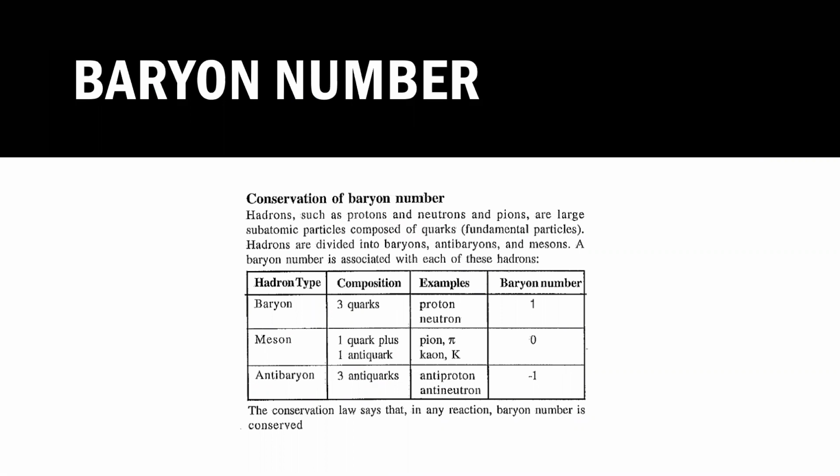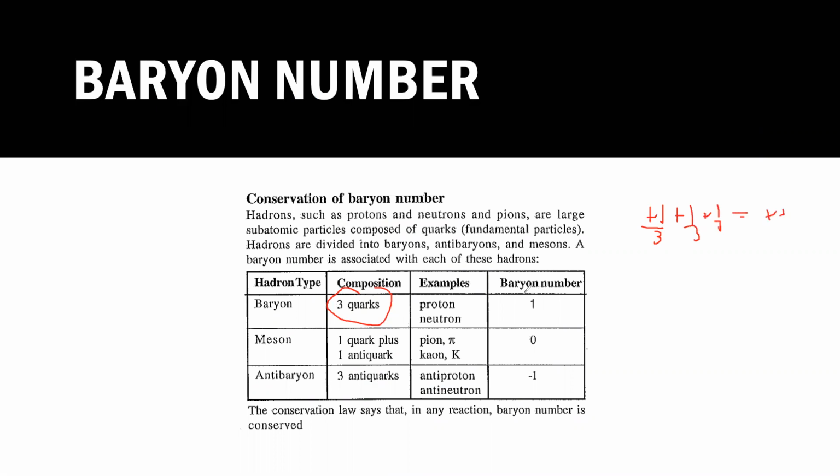We should always check the conservation of baryon number. As we know, a baryon consists of 3 quarks, each quark having a baryon number of 1 by 3, so 1 by 3 plus 1 by 3 plus 1 by 3. So the total baryon number for each baryon is plus 1.